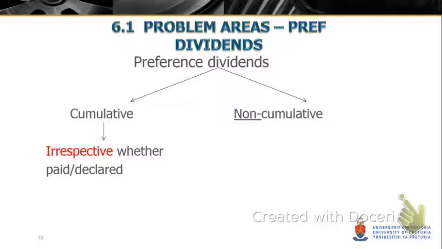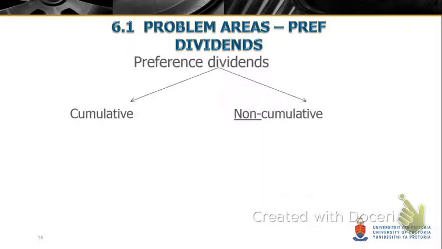Now, when you have cumulative preference shares, you must take them into account in your earnings calculation, irrespective whether they were paid or declared or not. So, the cumulative preference dividend for that specific year will be calculated, and that is the item that will be deducted from your earnings for the year to be able to determine your earnings for EPS.